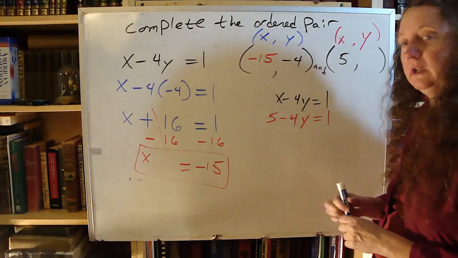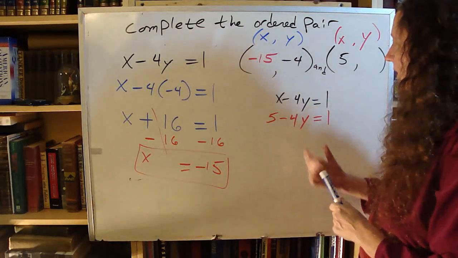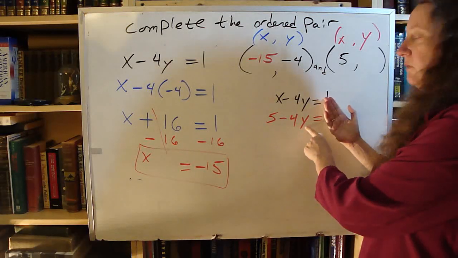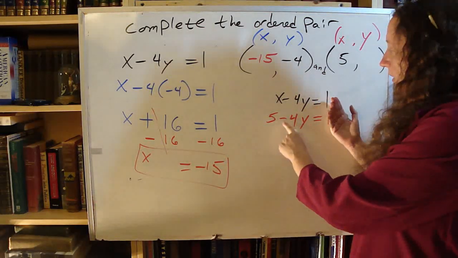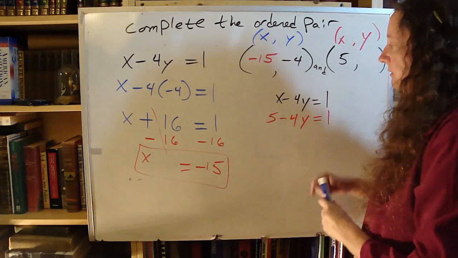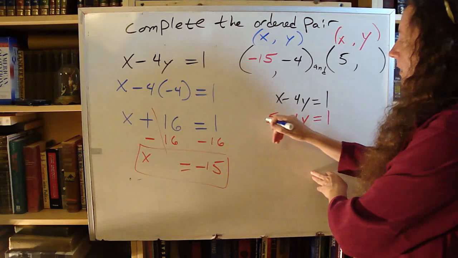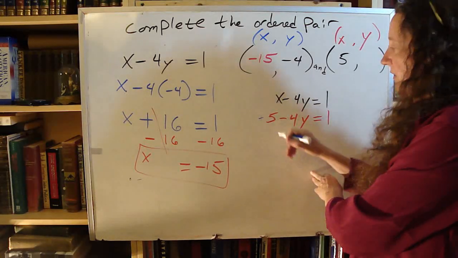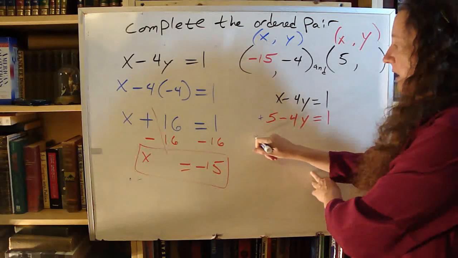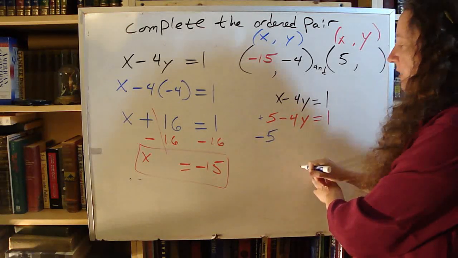Now I start solving. Looking at the side where my letter is, I need to get rid of what's being added or subtracted. There's my subtraction sign. I need to get rid of the 5. The 5 is a positive number, so to get rid of that, I need to subtract.